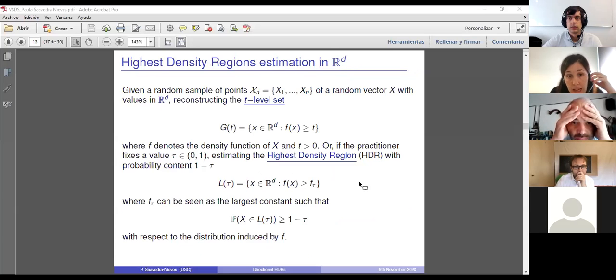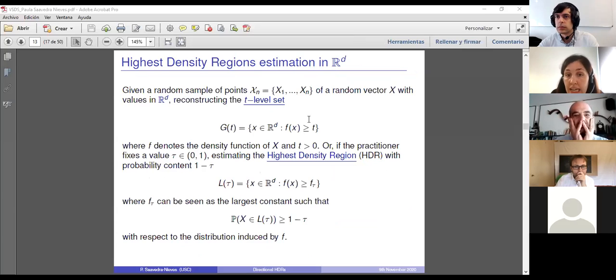How? First, we define the concept of highest density region. Given a random sample of points of a random vector X with values in the Euclidean space, a t-level set is defined as the set where the density function takes values bigger than a level t.